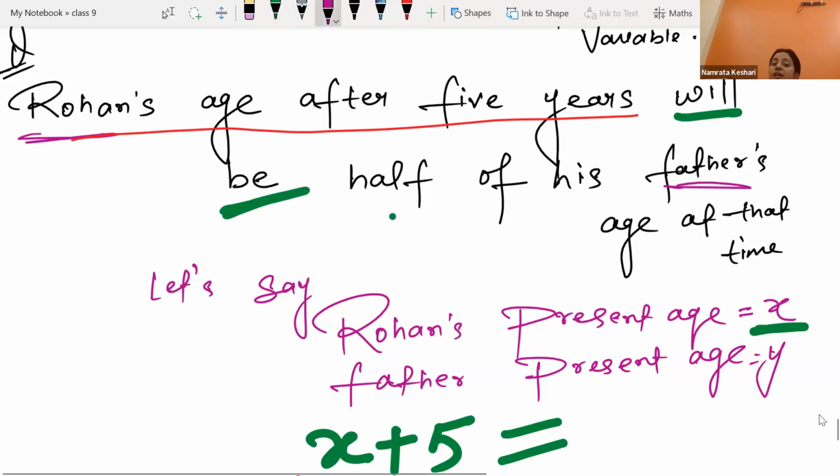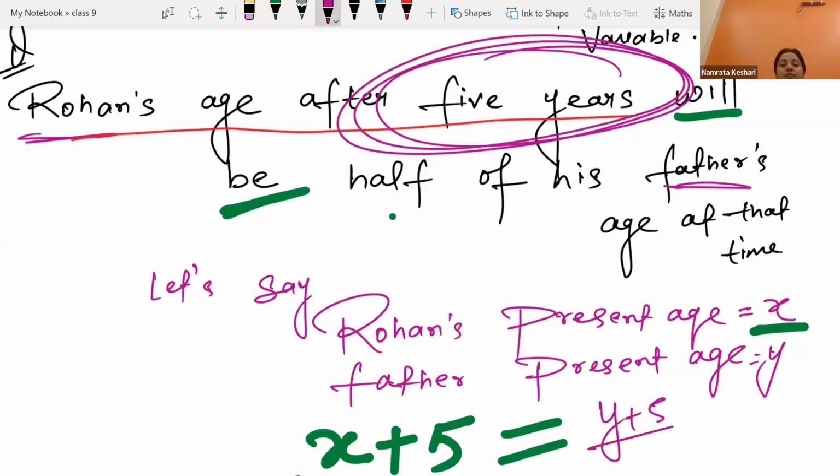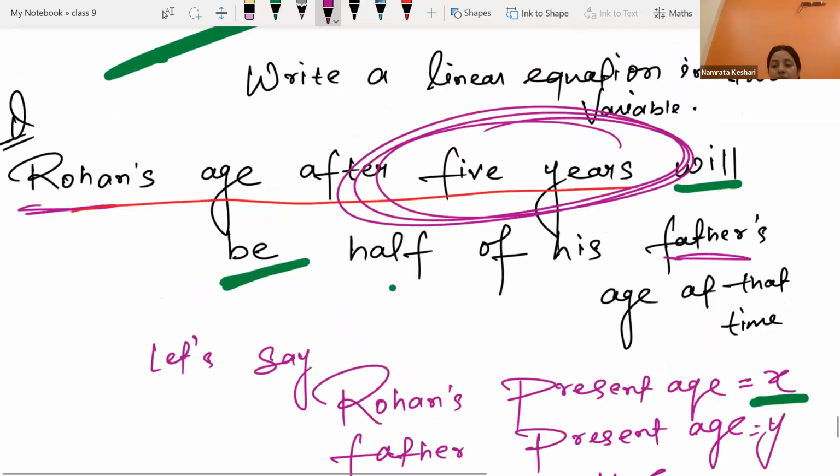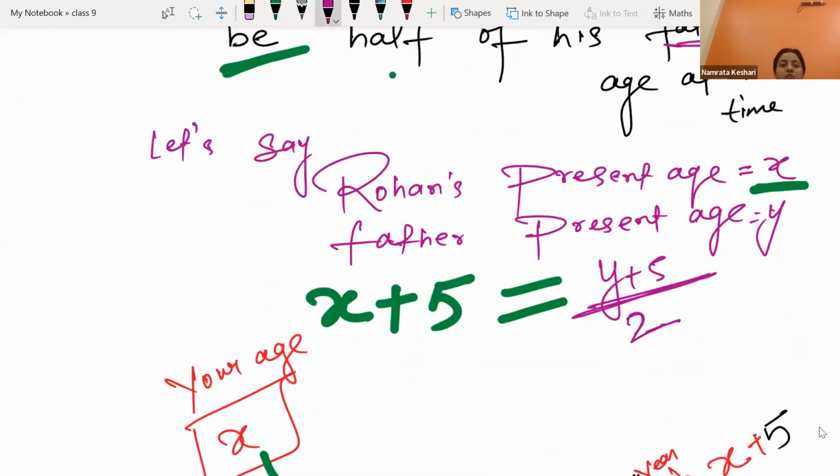See, his father's age after 5 years will be y plus 5, and it will be half of that. Getting it? Can you see this equation? Half of the father's age.